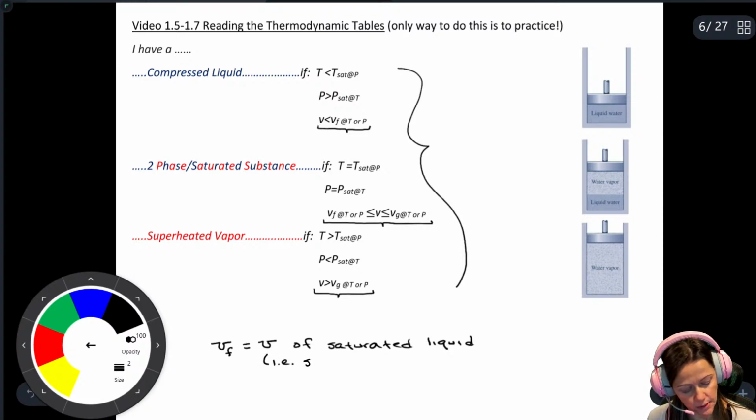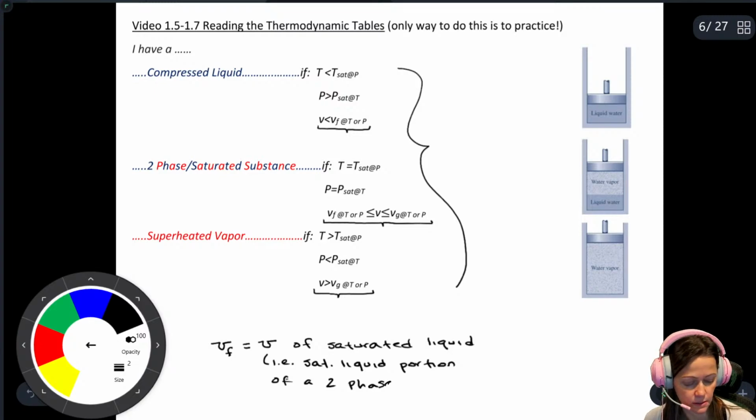In other words, the saturated liquid portion of a two-phase substance.